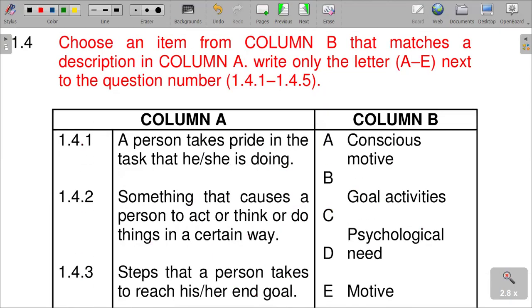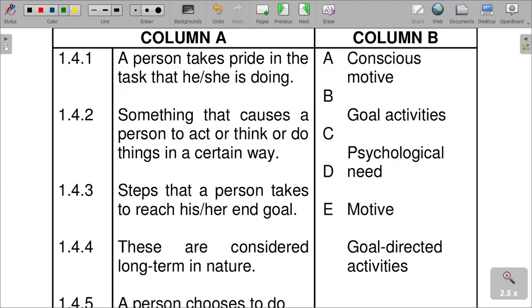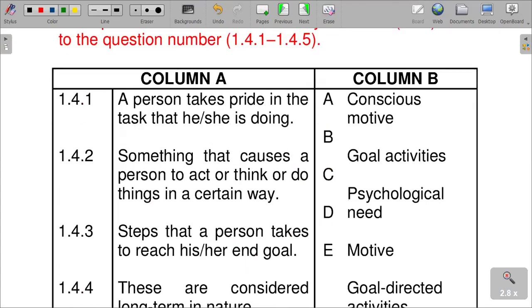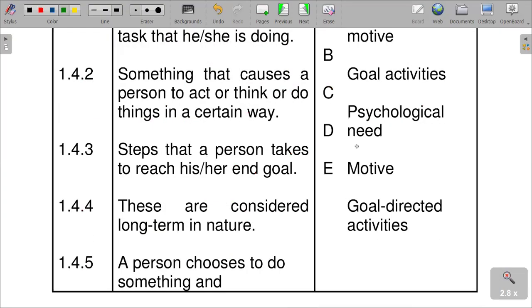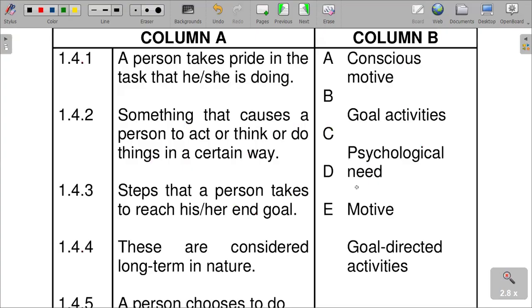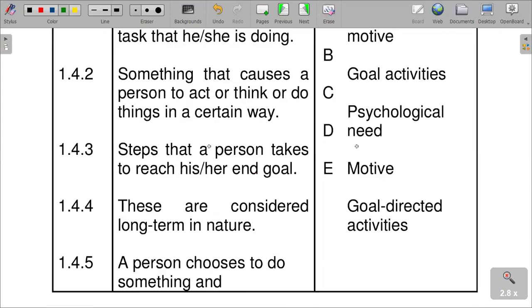Question 1.4 is just one question that you can do quickly, just because of time. It is a very easy question for N6 students, where you need to match the concept in question from section A to section B. You are just choosing and identifying which letter fills into column A. This one I cannot dwell much on.